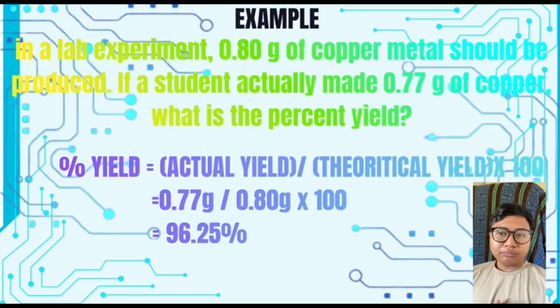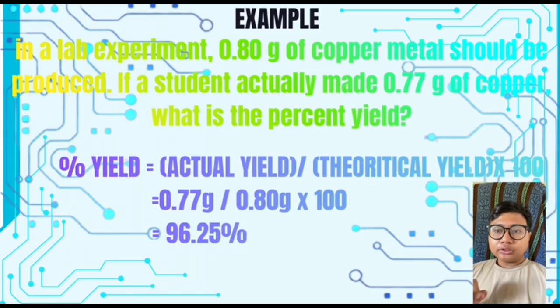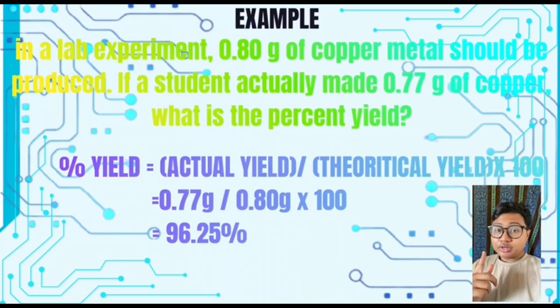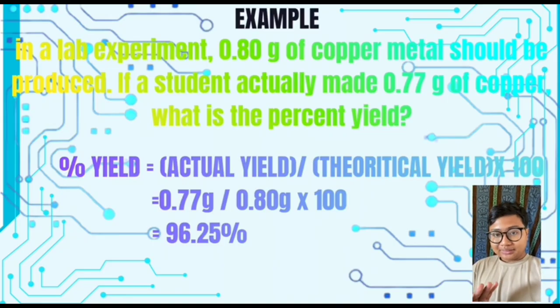In a lab experiment, 0.8 gram of copper metal should be produced. If a student actually makes 0.77 gram of copper, what is the percent yield? First, we must use the percent yield formula, which is actual yield over theoretical yield multiplied by 100.